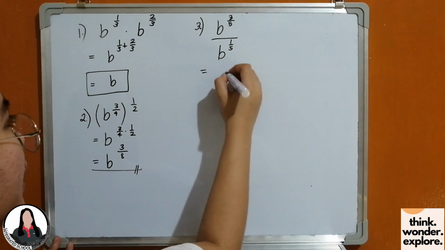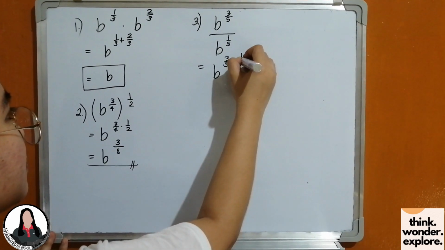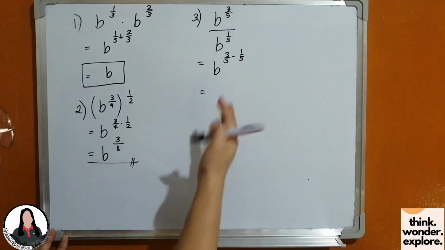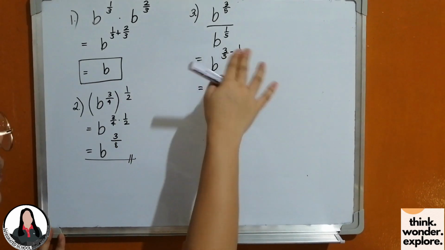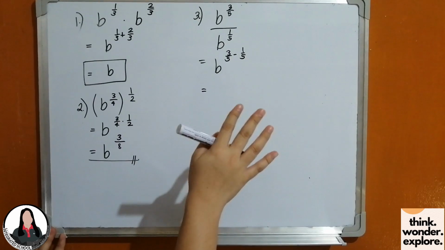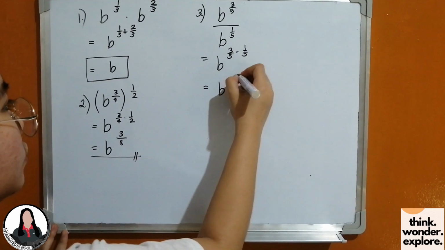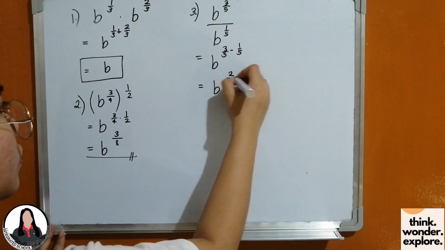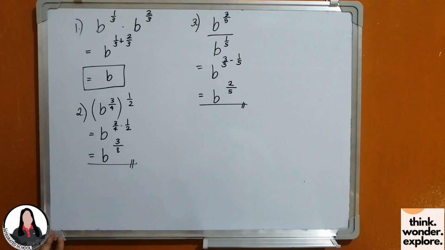So, simply, we have b raised to 3/5 minus 1/5. Katulad lang din to ng pag-add ng ating exponents, iba lang ang operation. Since they are similar fractions, we have b raised to 3 minus 1, that's 2 all over 5. So, we have b raised to 2/5.